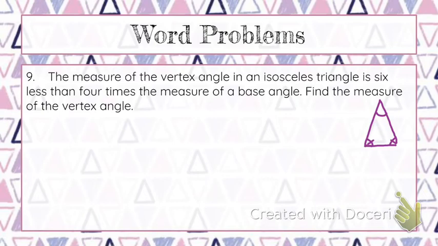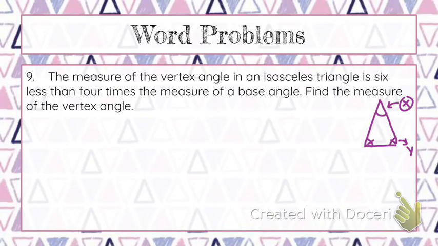So this tells us that the measure of the vertex angle, that's this angle up here, we're going to call it x, in an isosceles triangle is 6 less than 4 times the measure of a base angle. So we're going to call our base angles y. We want to find the measure of the vertex angle, so we only need to solve for x.